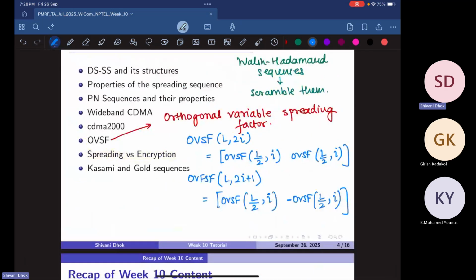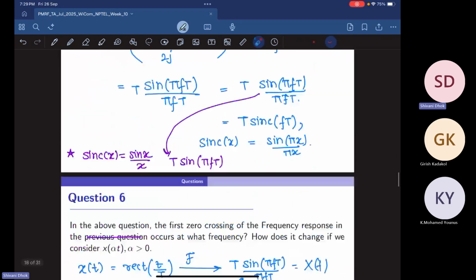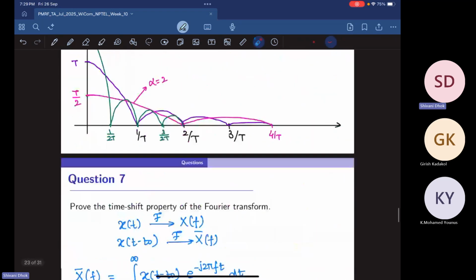This structure that we had seen for OVSF. So we'll use this particular structure to get it. Okay. So first I'll just show how the Walsh-Hadamard sequences are constructed.